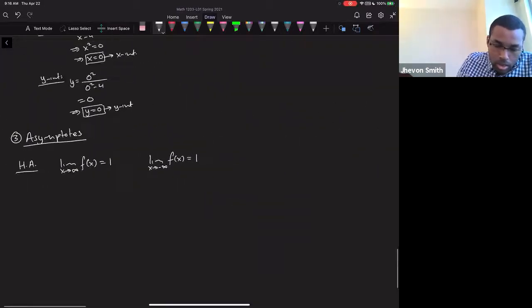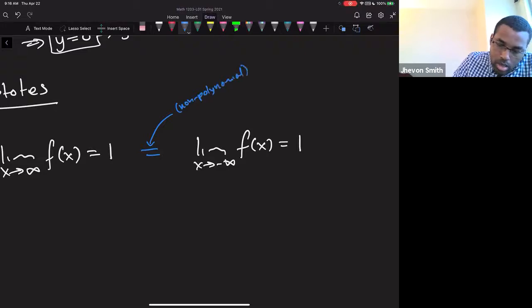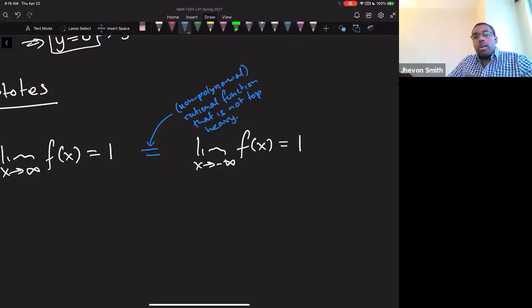As I mentioned, these two are going to be equal whenever you have a rational function that isn't top heavy, these two are always going to give you the same values.